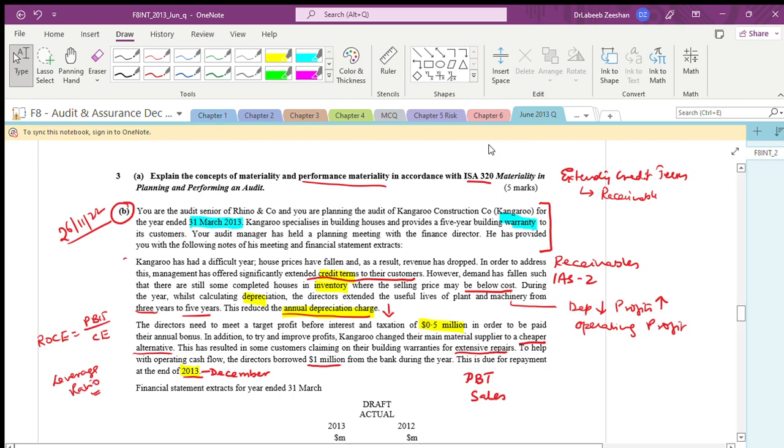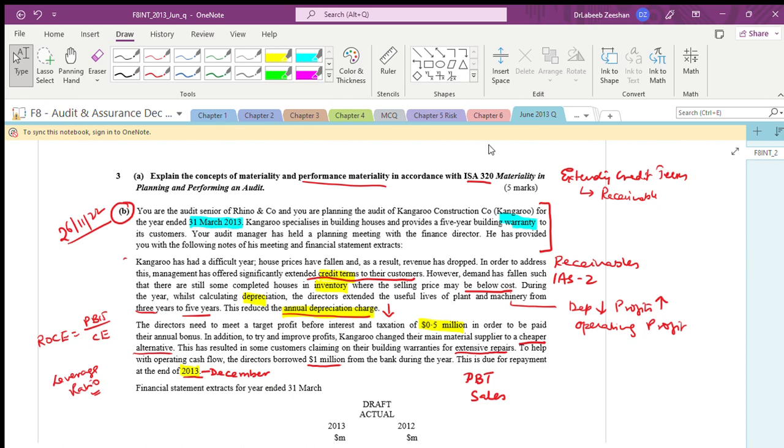Management. Next, they have changed to a cheaper supply alternative. They have changed their material to a cheaper alternative. That is the audit risk. The risk is that if you are changing the material to a cheaper alternative, definitely there will be more issues related to the finished product.